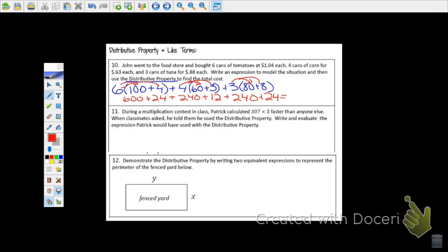And when I do that, I get an answer of 1,140. So how am I going to write that to answer the problem? Okay. I need to write that as a dollar amount. Remember, this was cents, so it's going to be $11.40.